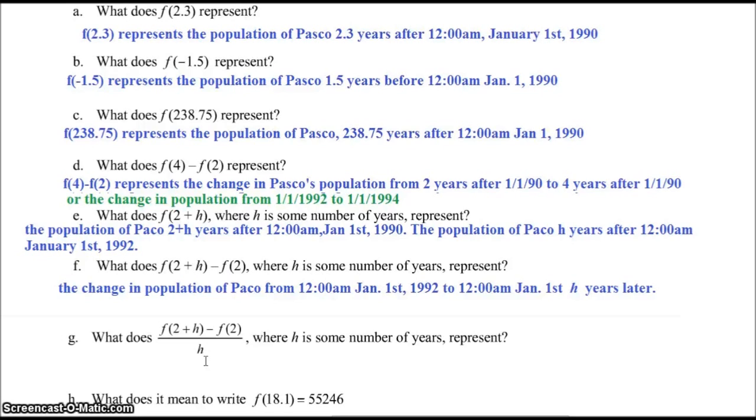More specifically, it's the average rate of change of the population of Pasco, Washington, from 2 years after January 1st, 1990 to 2 plus h years after January 1st, 1990.